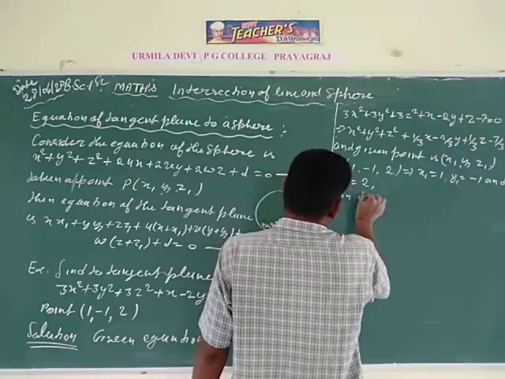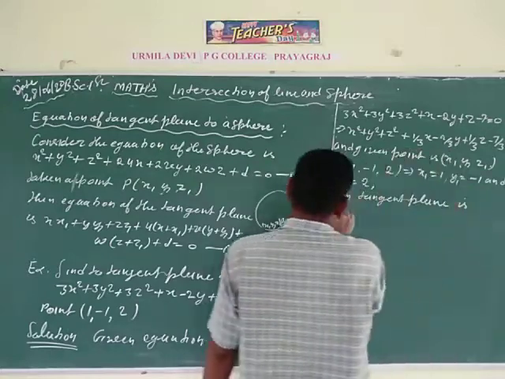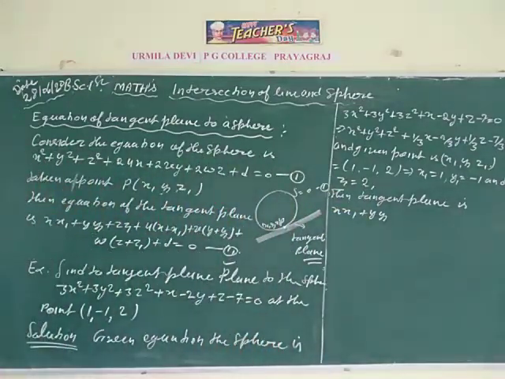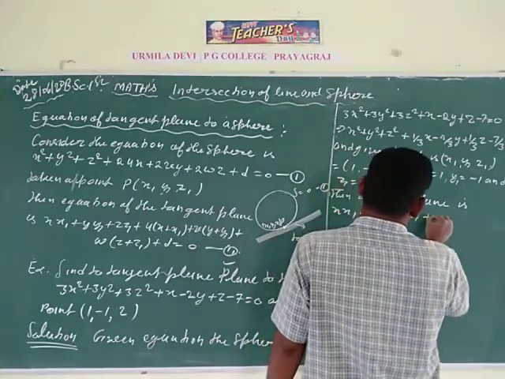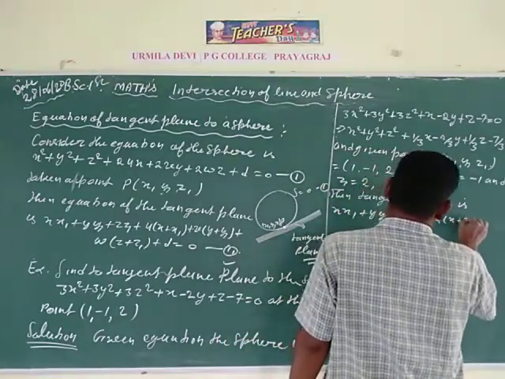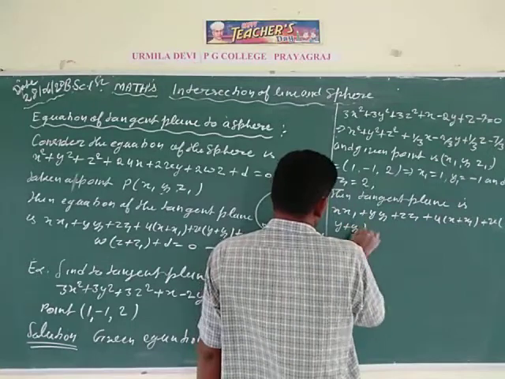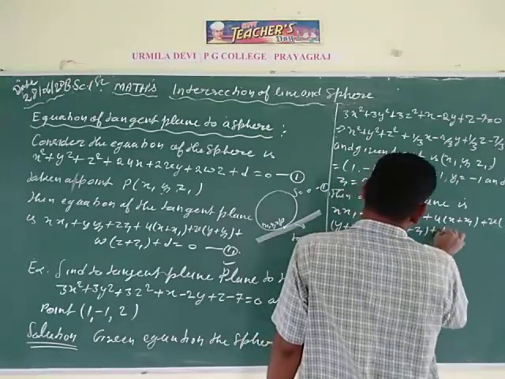Then the tangent plane is x x1 plus y y1 plus z z1 plus u times x plus x1 plus v times y plus y1 plus w times z plus z1 plus d is equal to 0.